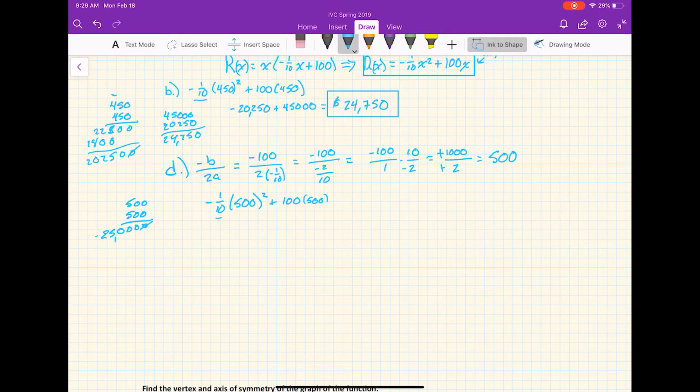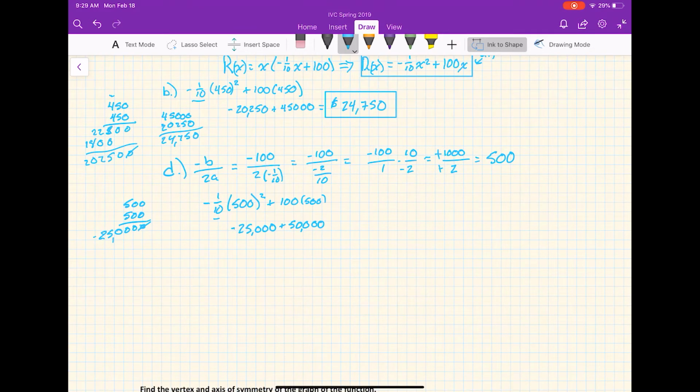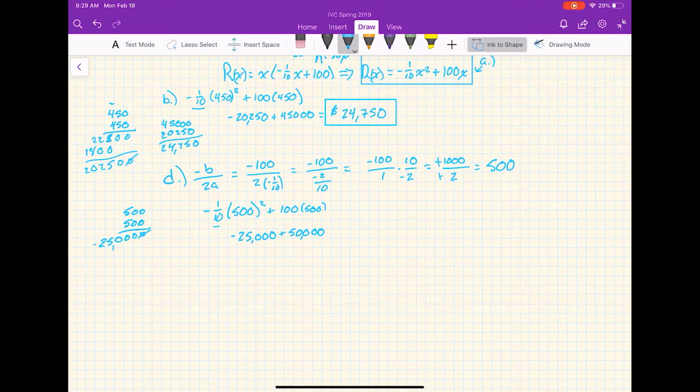And then multiply that times negative 1/10, and that gets rid of the zero. So we get negative 25,000, because it was times a negative 1/10, plus 50,000, sorry, which means that this is going to equate to max revenue of $25,000.